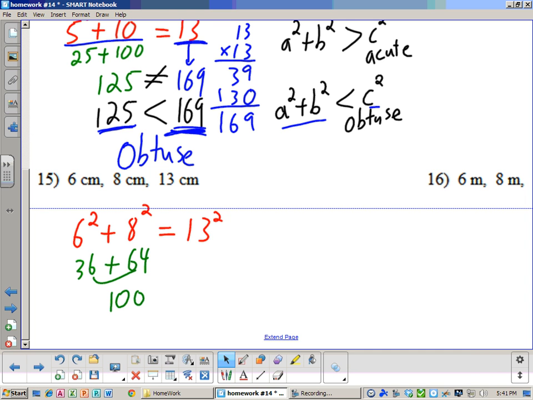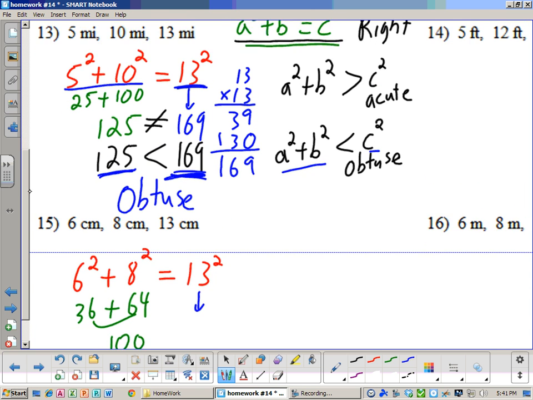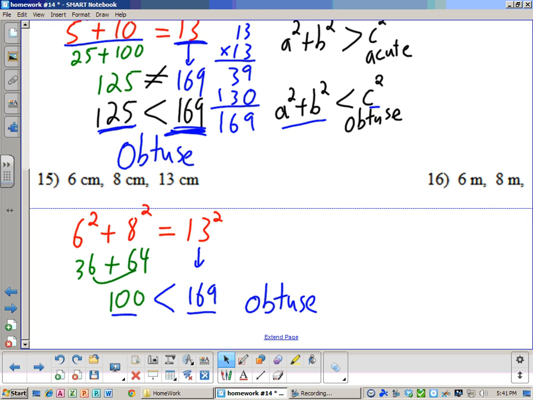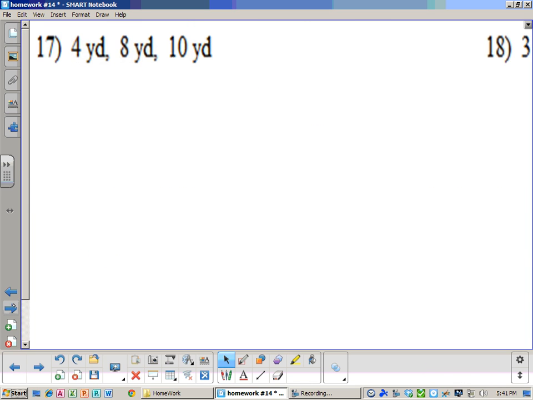On the other side, 13 squared is, oh, I think that's the same number I used from above. Yeah, 169. So 13 squared is 169. Once again, this is less than that one, right? 100 is less than 169. So once again, we are looking at yet another obtuse triangle.